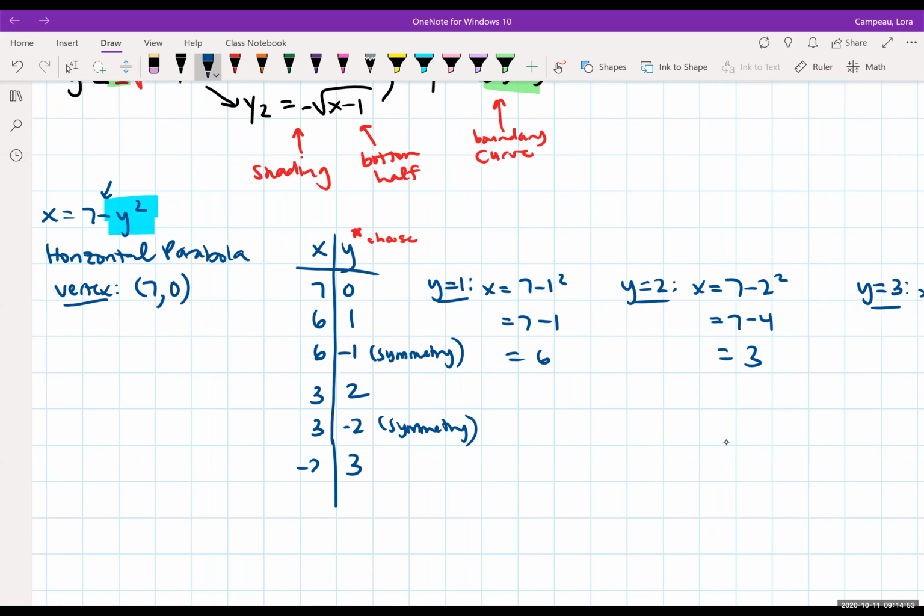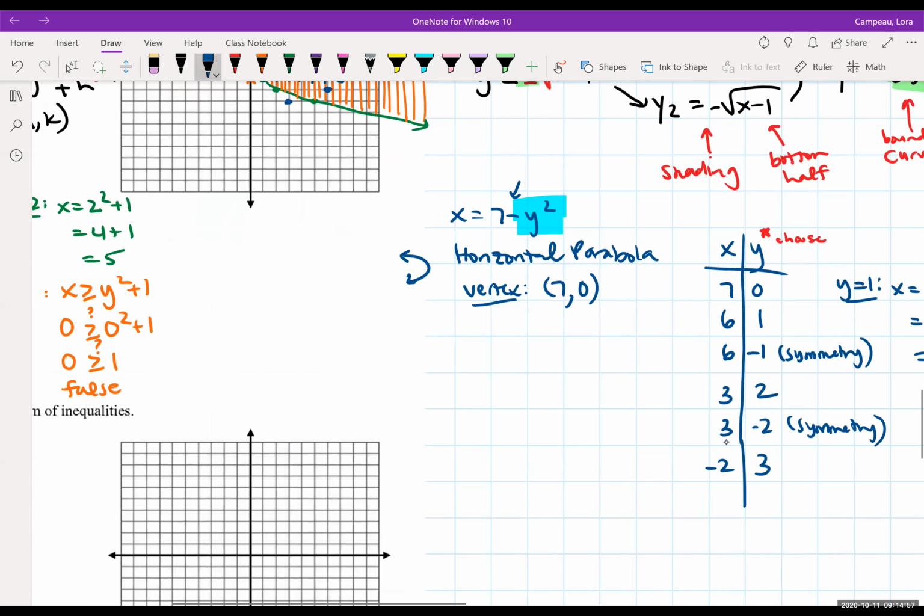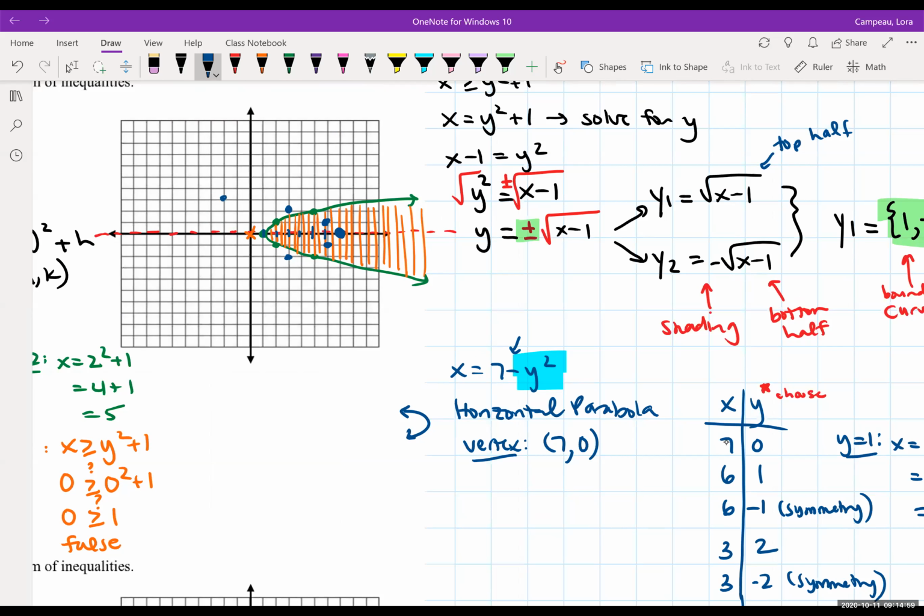So negative 2, 3 this time. Let's go back and plot that. So negative 2, 3 is located over here. And by symmetry, once again, if you're 3 units above, 3 units below will also have a point on the parabola. So that's a lot of accuracy. If you want to pick Y equals 4, all power to you.